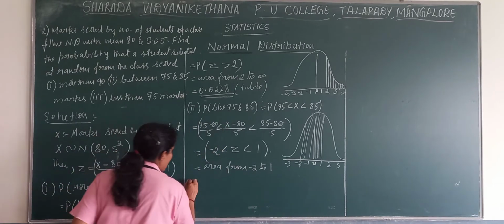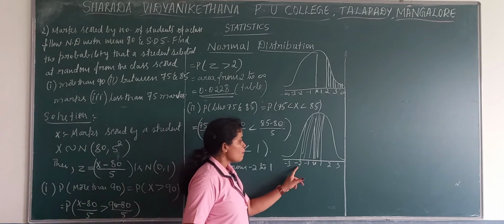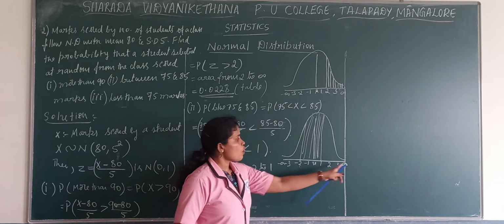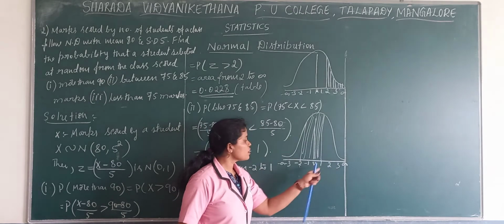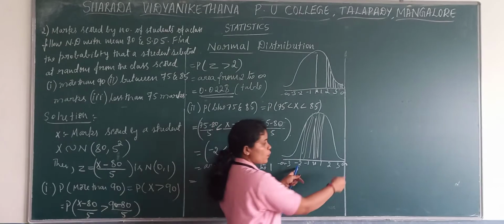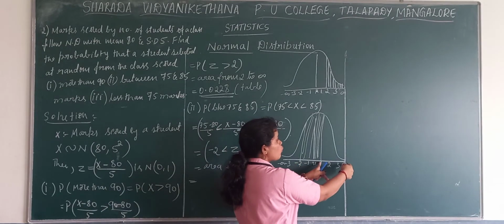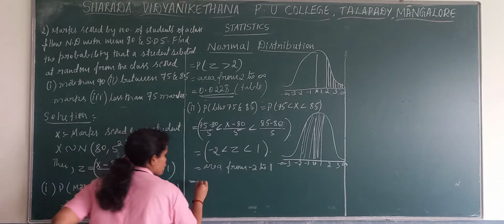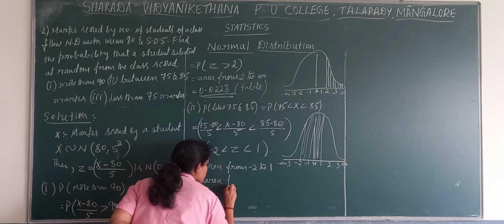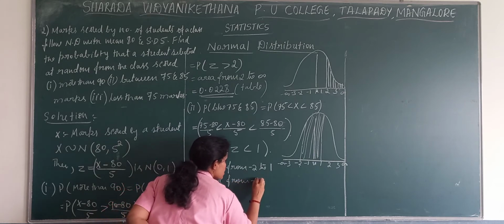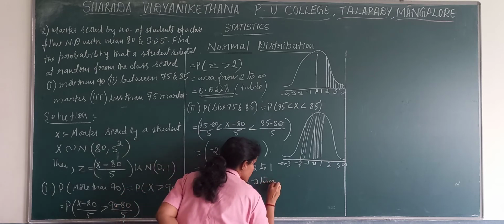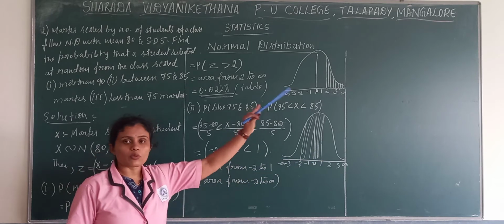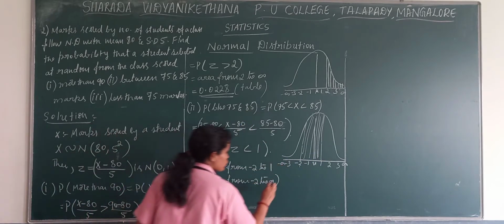Now, how to find the value of that area? As I said, take the area from minus 2 to positive infinity. From that, deduct the area from 1 to positive infinity, and this area will remain. Whatever number you get from a point to positive infinity, one more number you get from the other point to positive infinity, and we have to deduct.